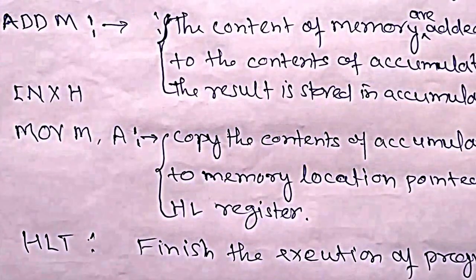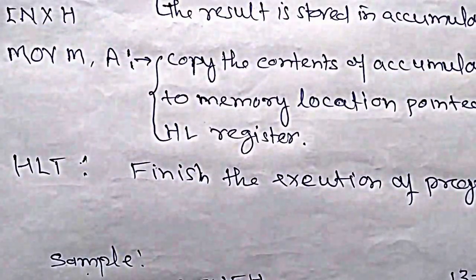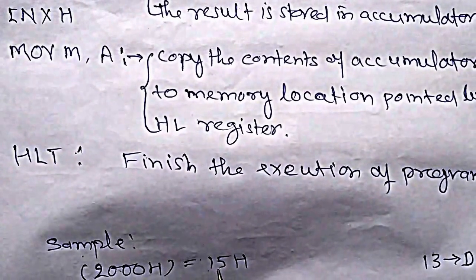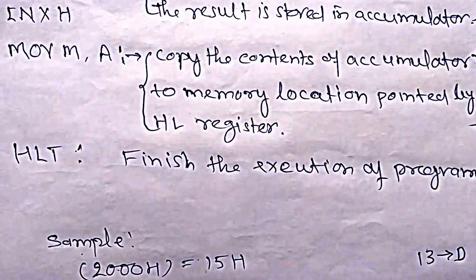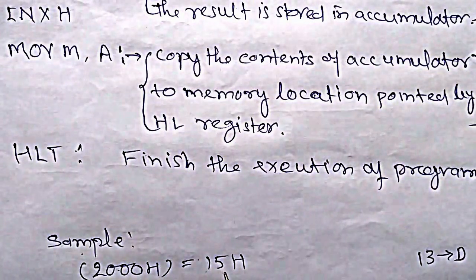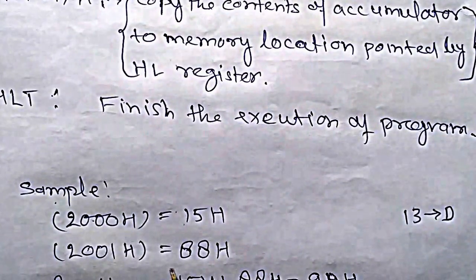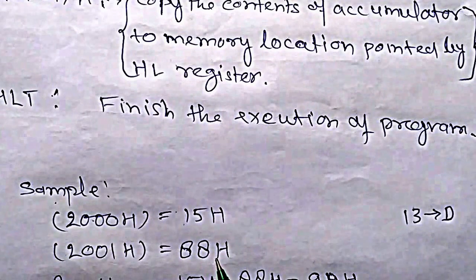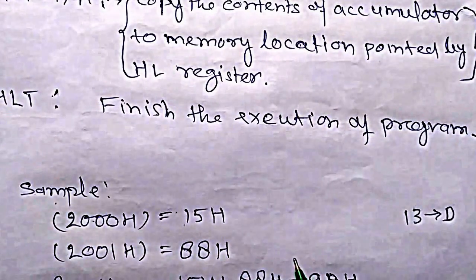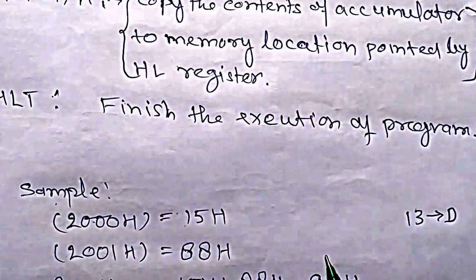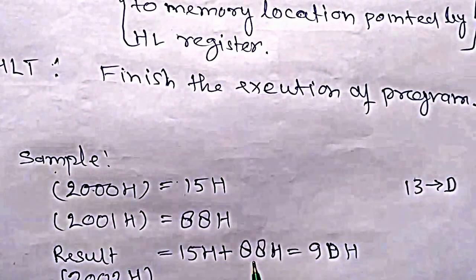Suppose the memory location 2000H has 15H contents, and the 2001H memory location has 88H contents. Now when we add, it will be 15H plus 88H.